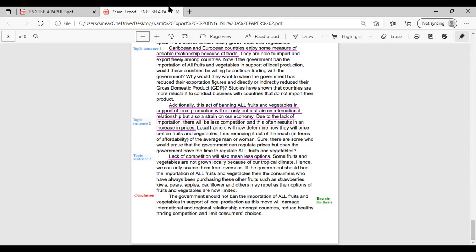One of the things that I would have done differently here was add some final points. I always say when we are writing our views or presenting our argument, you want to put something at the end that makes your statement clear. So, yes, the person said the government should not ban the importation of all fruits, but I think you should still try to appeal one last time to the reader.